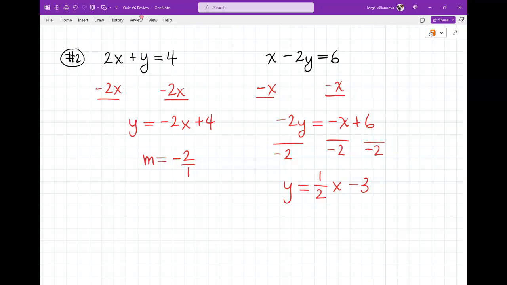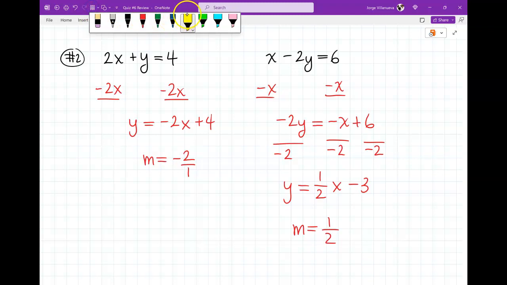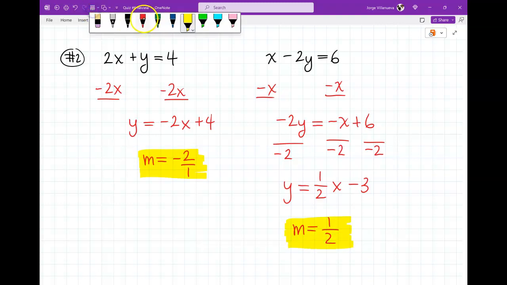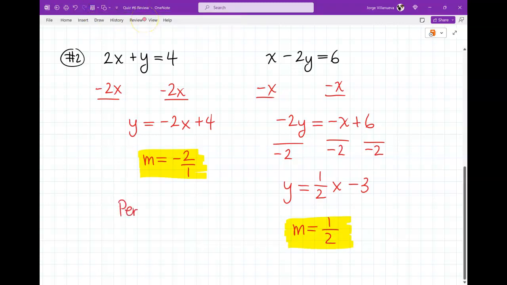I divided everything by -2, every term, and that's what I get. So what's the slope here? 1/2. So one of my slopes is a -2/1. The other slope is a positive 1/2. Are these parallel, perpendicular, or neither? These are perpendicular.